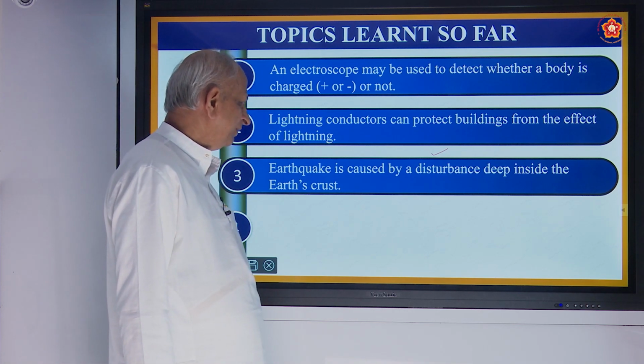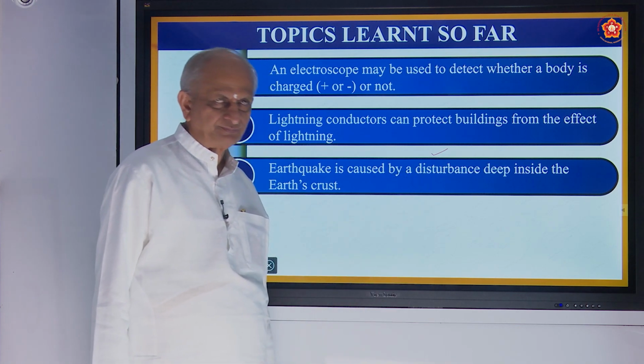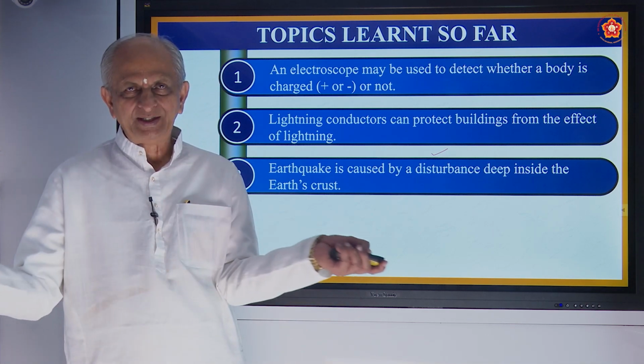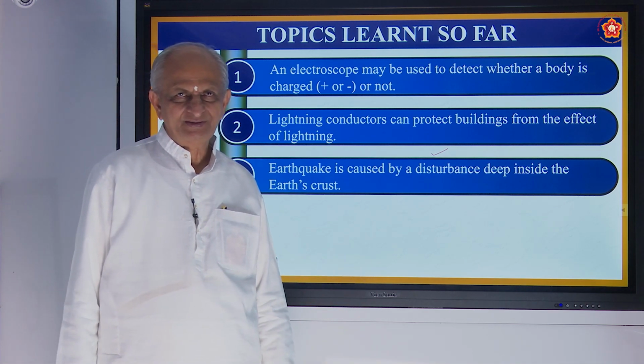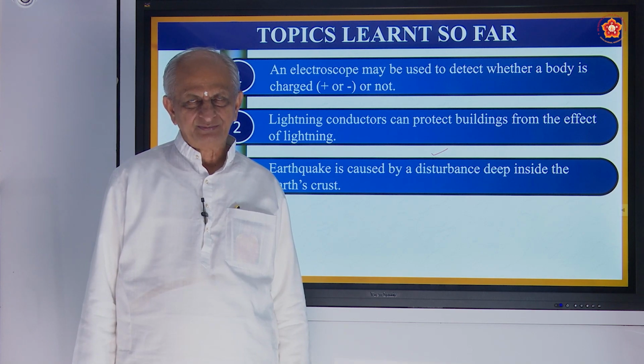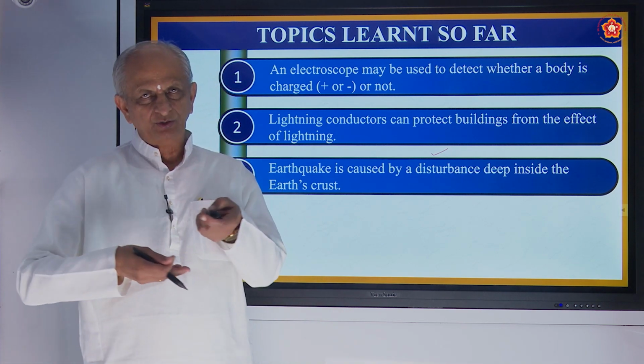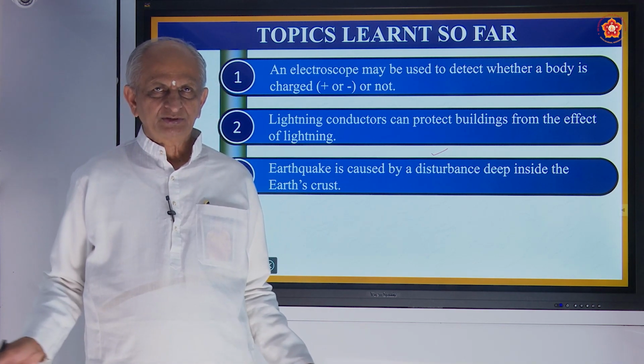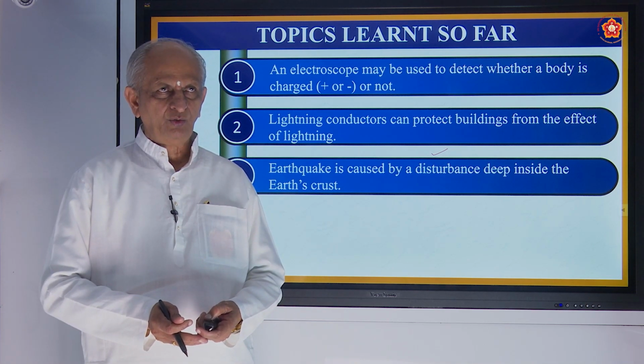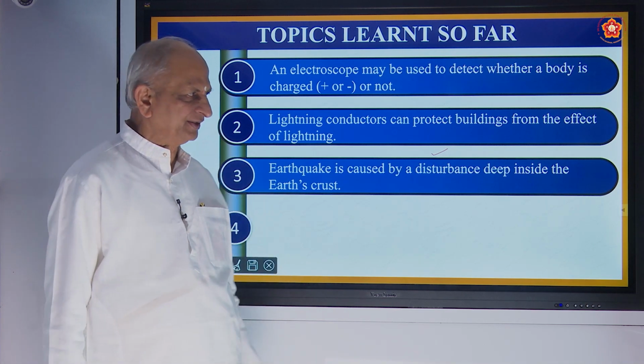And there will be disturbance in that. That is because of the movement of the plates. Is it not? It may be sliding against each other, or it may be moving forward, backward, etc.